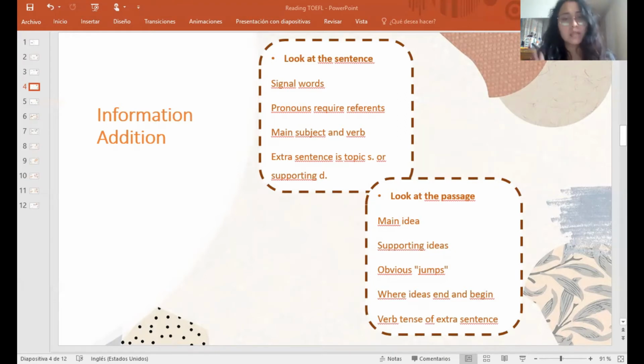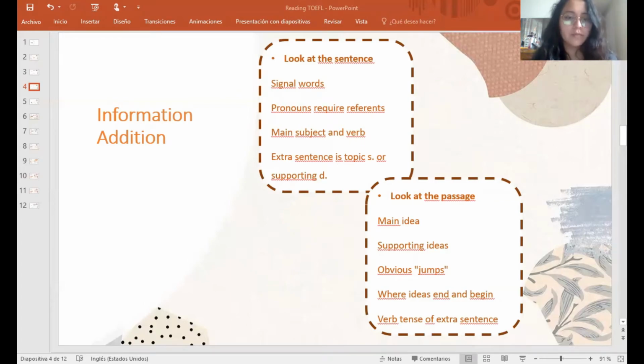Next, look at the passage and identify main ideas, supporting ideas, any obvious jump like a missing counter, and then determine where ideas end and begin, and match the idea of the extra sentence to the appropriate place in the paragraph. Also, check the verb tense of the extra sentence and find where the same tense is used in the paragraph.